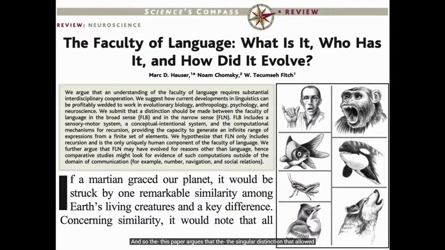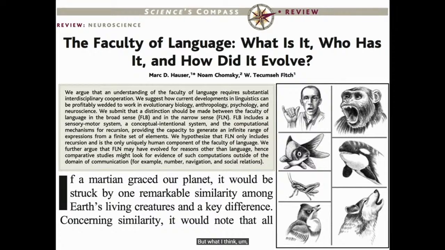This paper argues that the singular distinction that allowed language to develop in human beings was that we could put together smaller parts to make bigger things in a recursive process, and that was the defining new ability. Not sure I believe that or not. You can decide what you think.